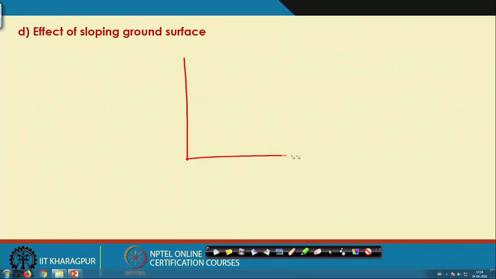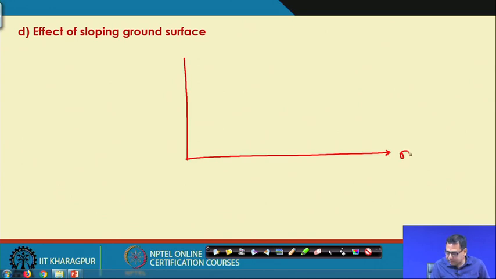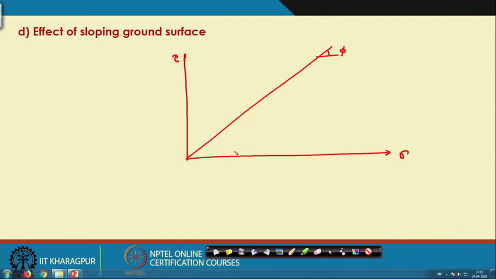Now, if I draw the Mohr circle for this case, this is sigma and this is tau again, and this is the failure envelope. Again, we are doing this for only frictional soil.